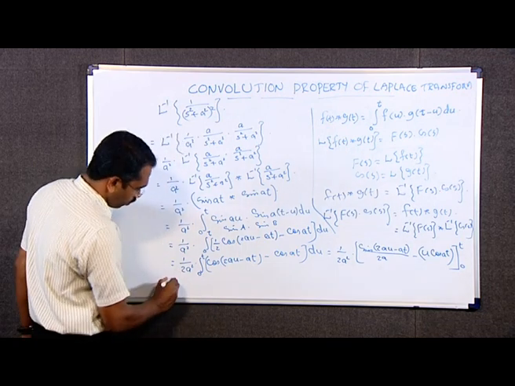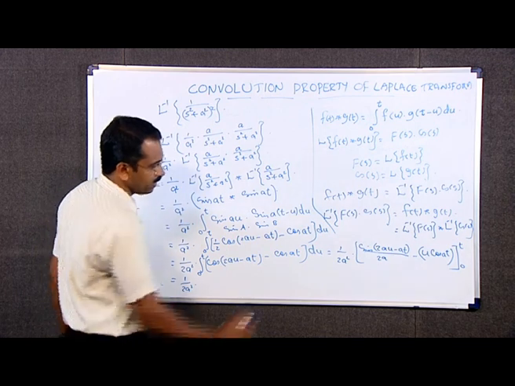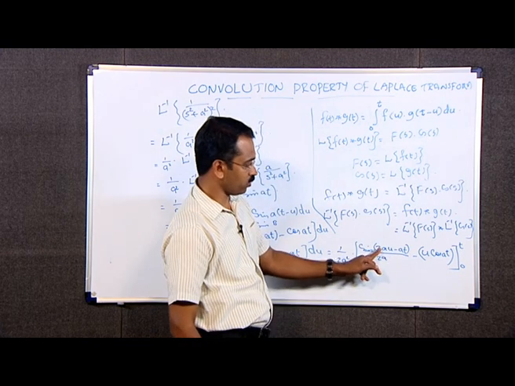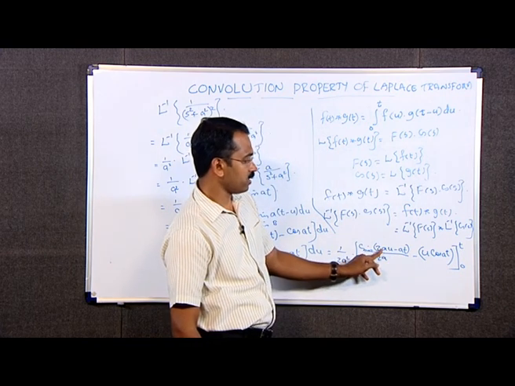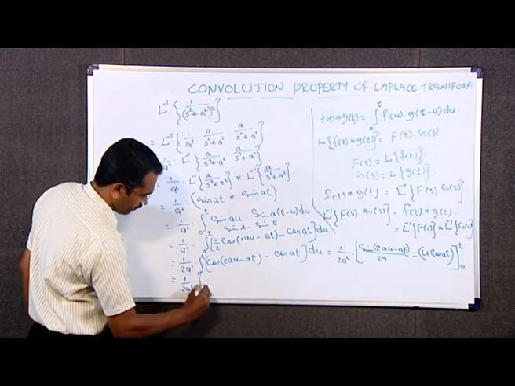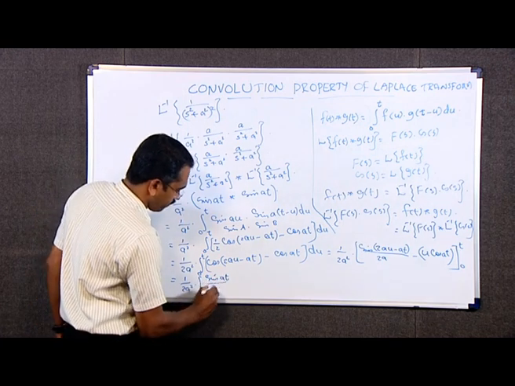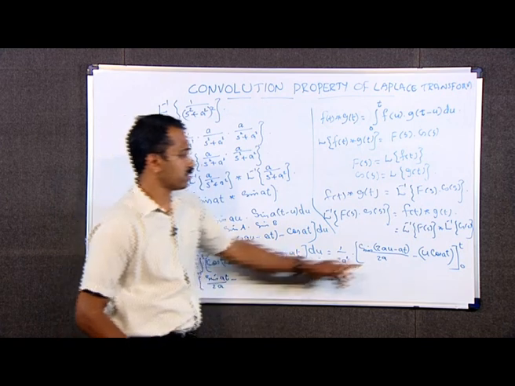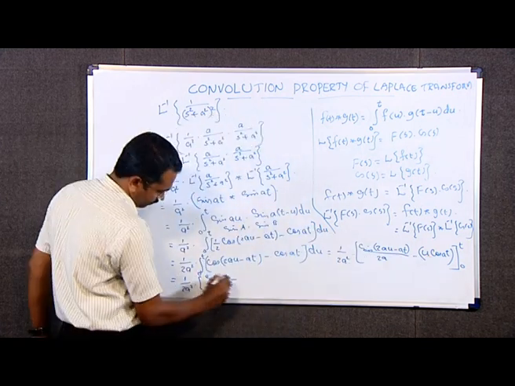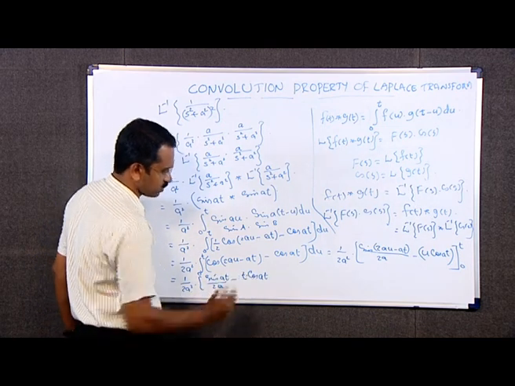Which is equal to 1 by 2 a square into sin a t. When applying the upper limit for u, this will become sin 2 a t minus a t, that is sin a t by 2a minus, this will become t into cos a t.